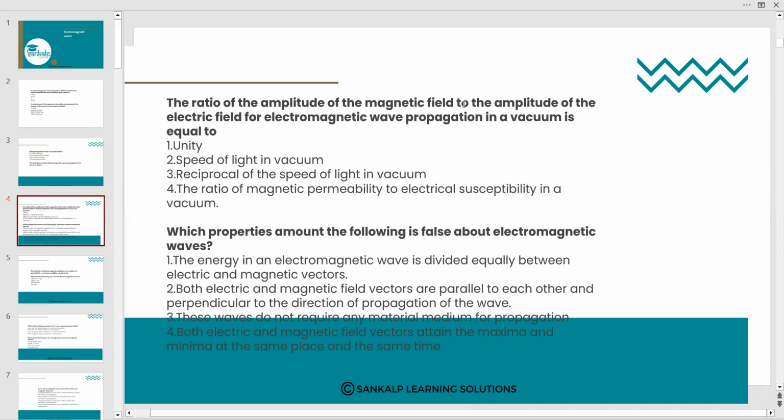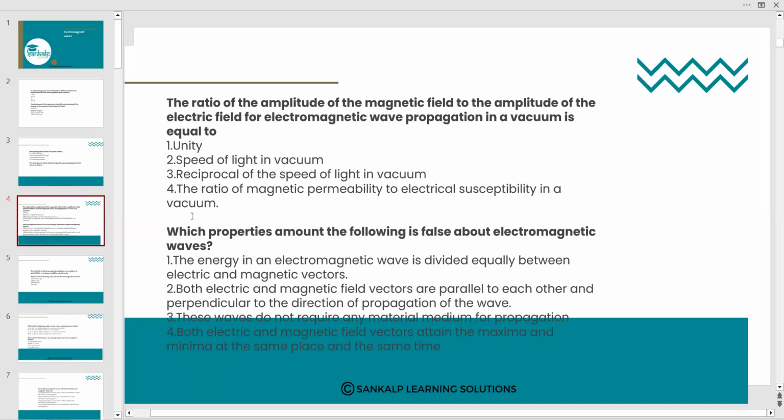The next question is, the ratio of the amplitude of the magnetic field to the amplitude of the electric field for an electromagnetic wave propagating in a vacuum is equal to. The options are: unity; the speed of light in vacuum; the reciprocal of the speed of light in vacuum; and the ratio of magnetic permeability to electrical susceptibility in a vacuum.